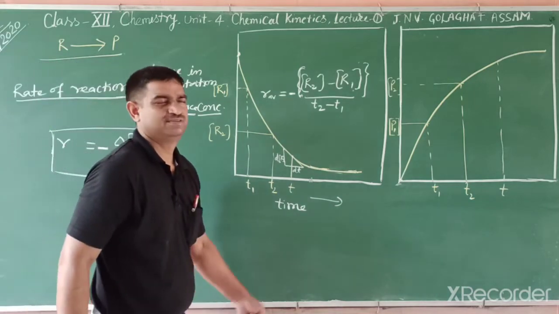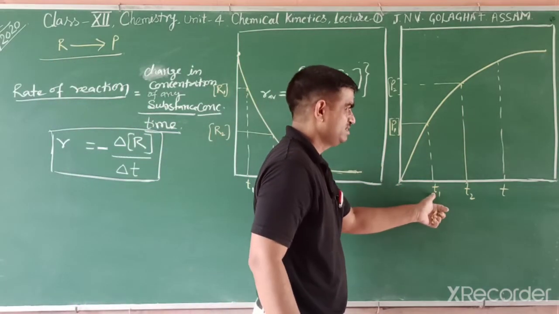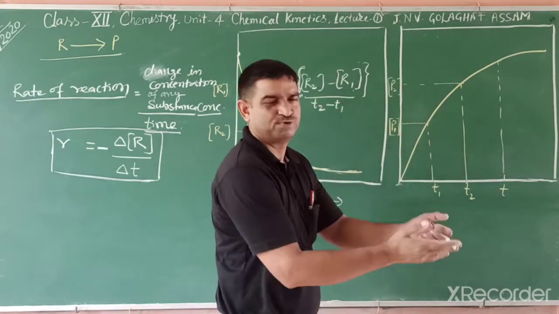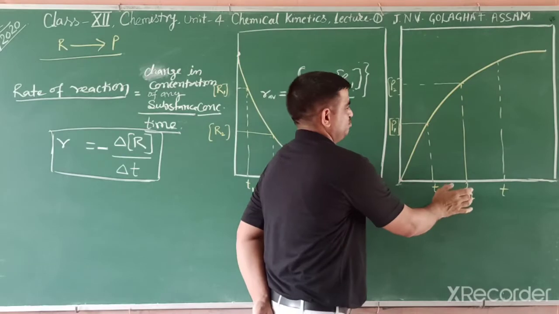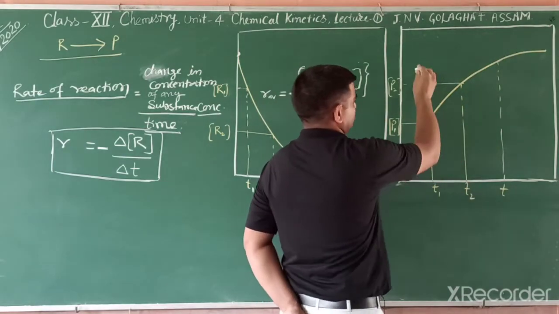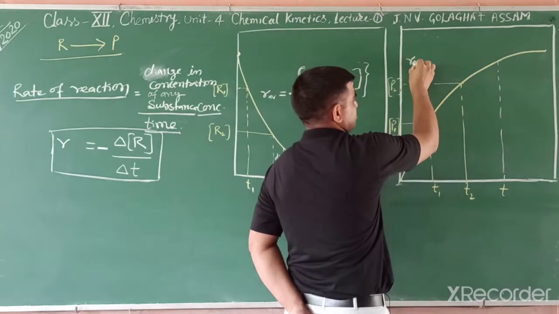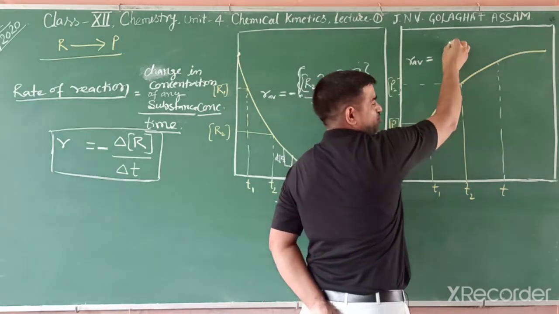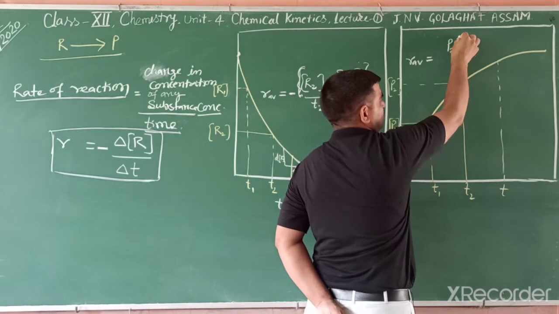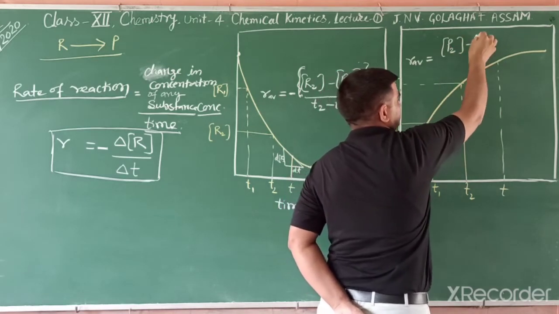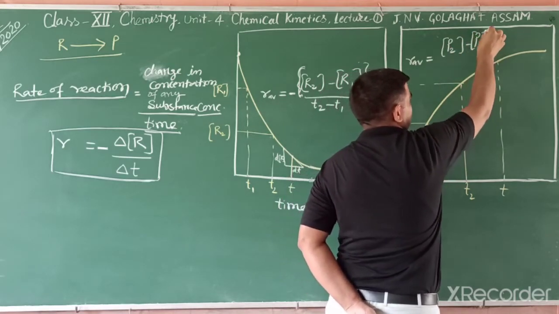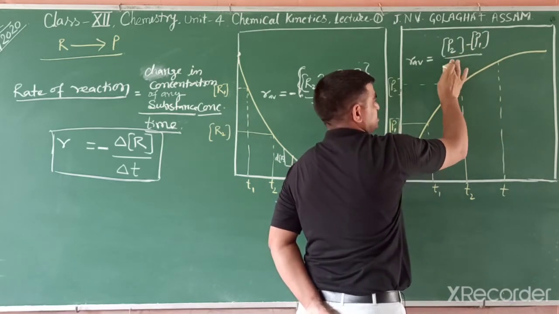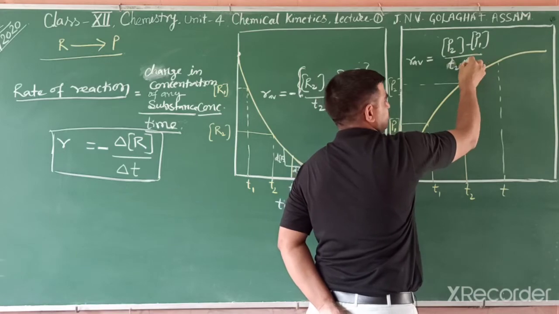For the product, at time T1 the concentration of product is P1, meaning some product is formed. After time T2, it is P2. So how can we write this? Average rate is equal to change in concentration of product, final minus initial concentration: P2 minus P1 divided by T2 minus T1.